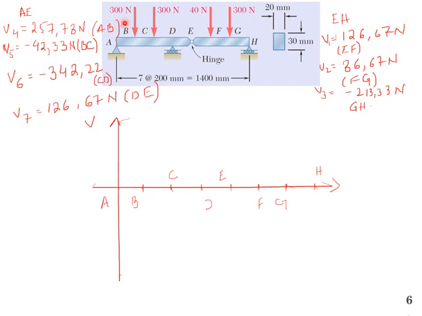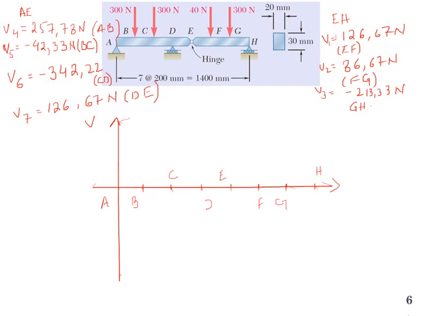Similarly, we calculated V4, the constant shear force between AB. From BC, V5 is minus 42.33, and for CD it will be minus 342.22, and from DE it will be 126.67. So we know the value of shear force between the segments A, B, C, D, E, F, G, and H, and let's draw the shear force diagram for this.